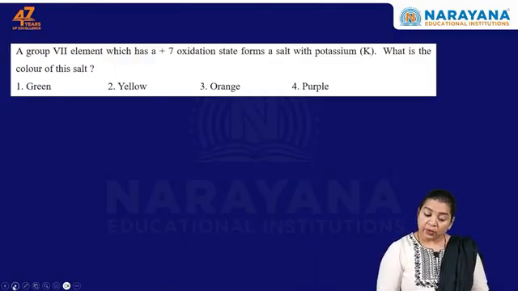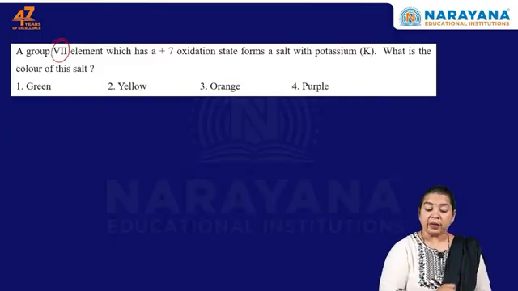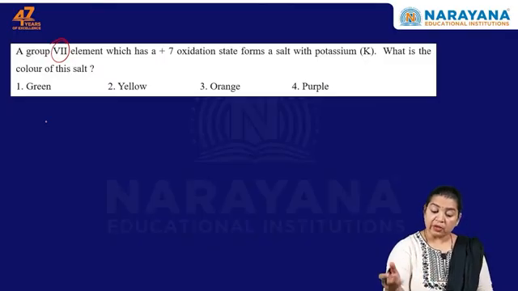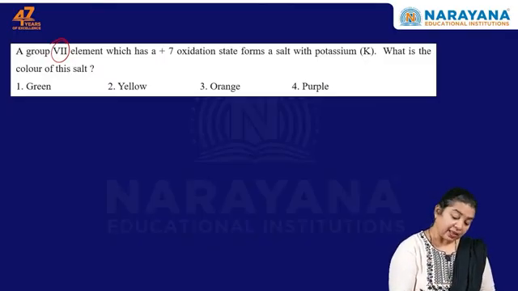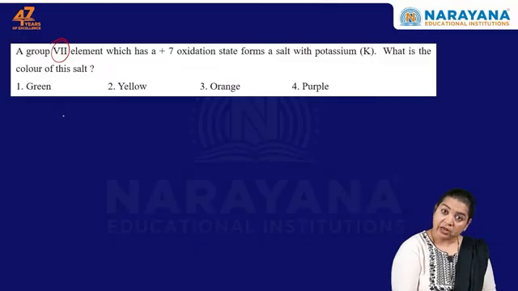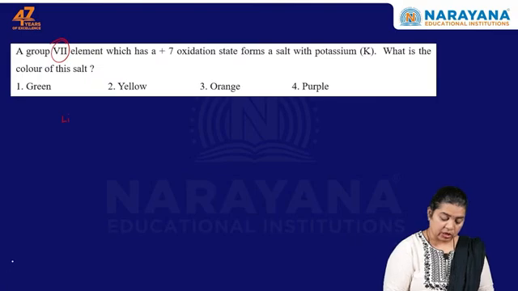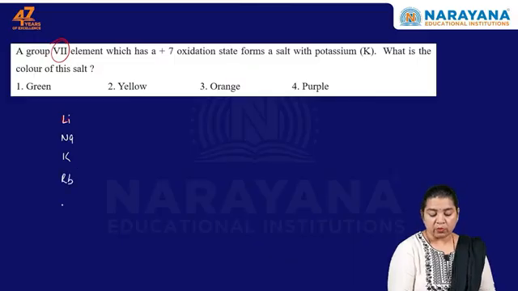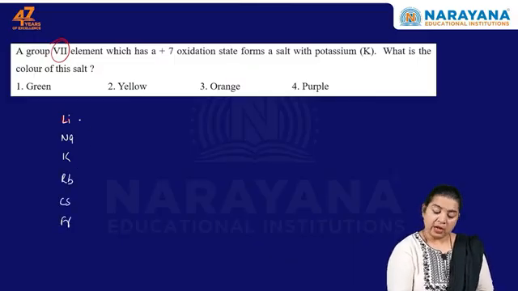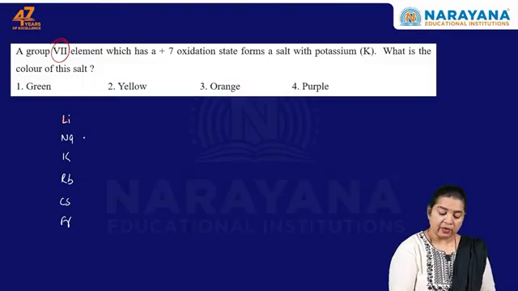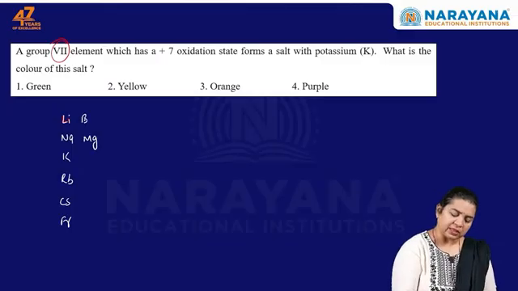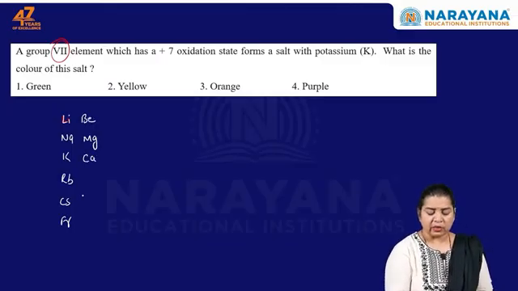Next, a group 7 element. Now, what is this 7? Let us first identify that. So, first is our alkali metals, right? Lithium, sodium, potassium, rubidium, cesium, francium. Next is alkaline earth metals, so if I just write beryllium, magnesium, calcium.